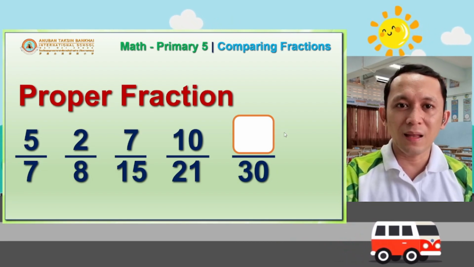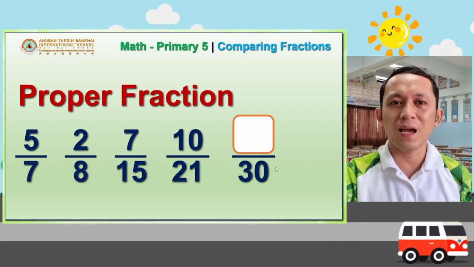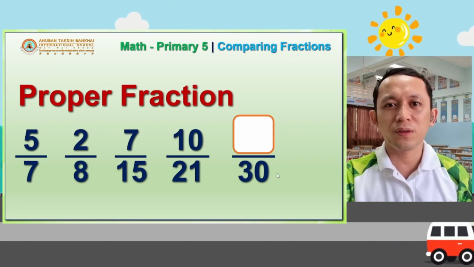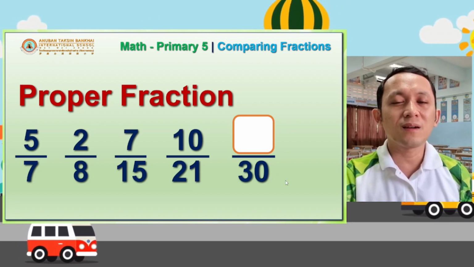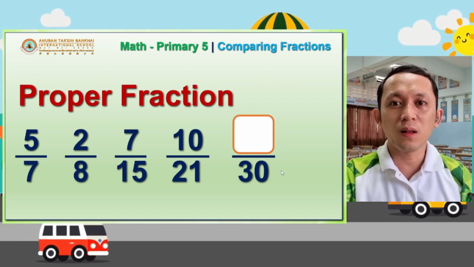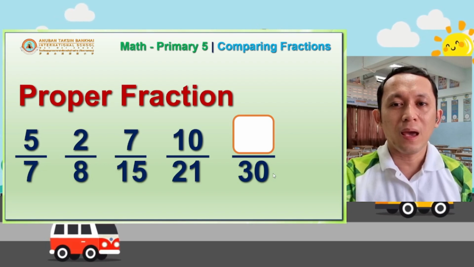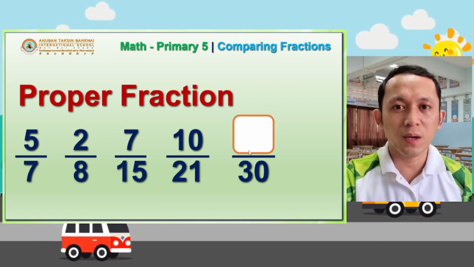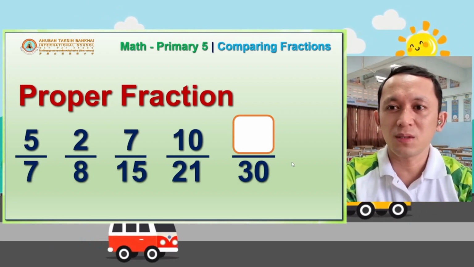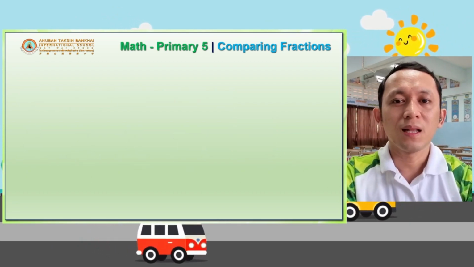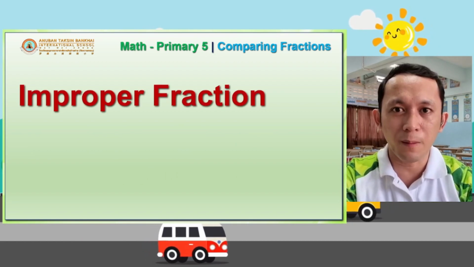We can have 10 over 30, 25 over 30, 29 over 30. Any number smaller than 30 that we put as our numerator will make a proper fraction.